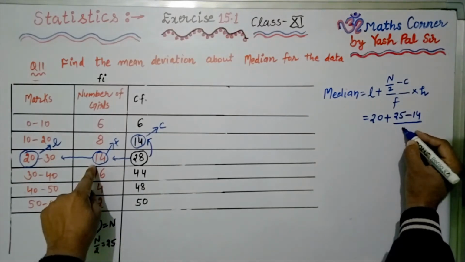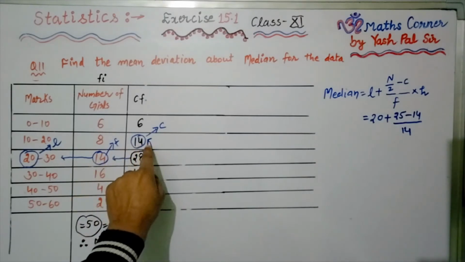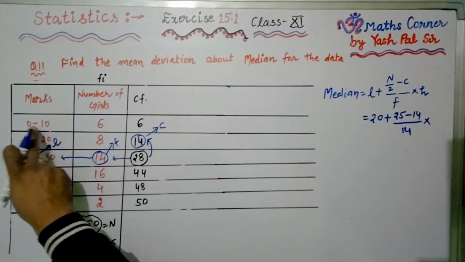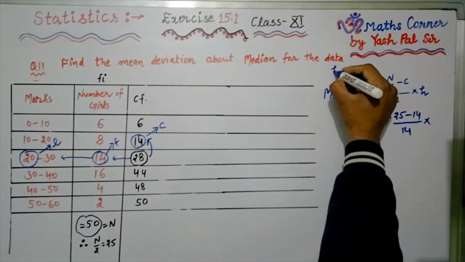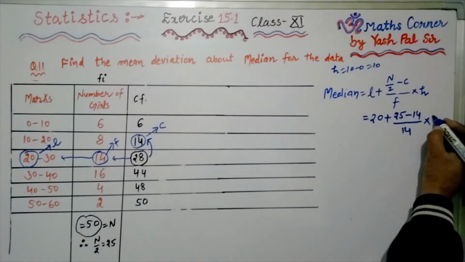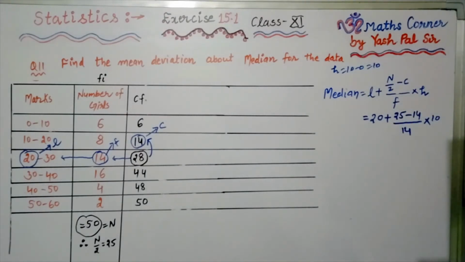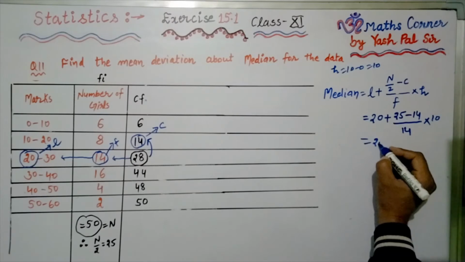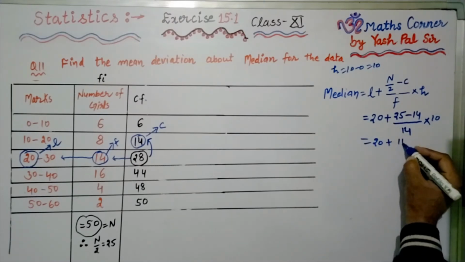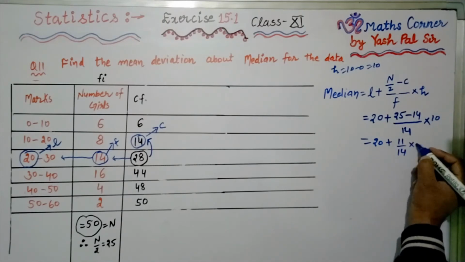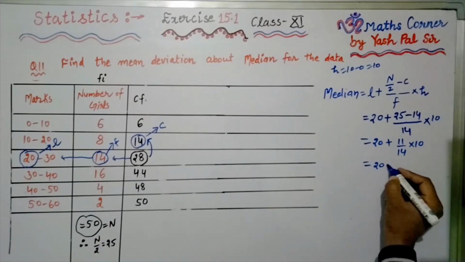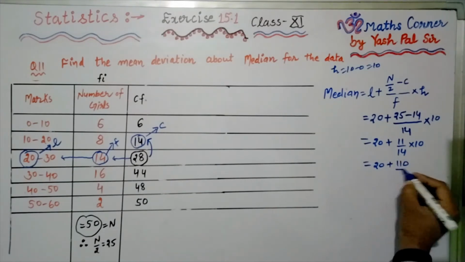So what is f? F is 14, c is also 14, into h. H means the difference, 10 minus 0, which is equal to 10. So we have 20 plus 25 minus 14, 11 upon 14, into 10.